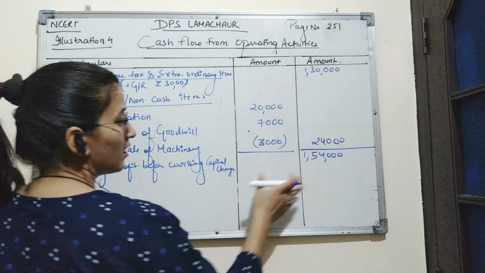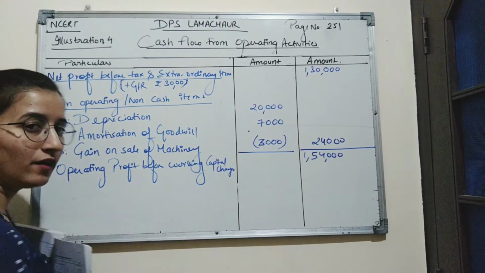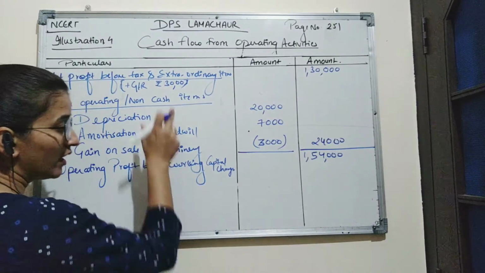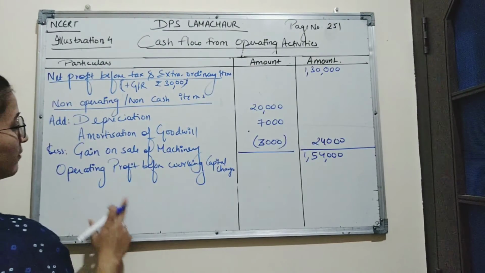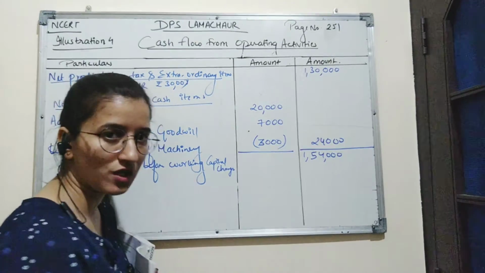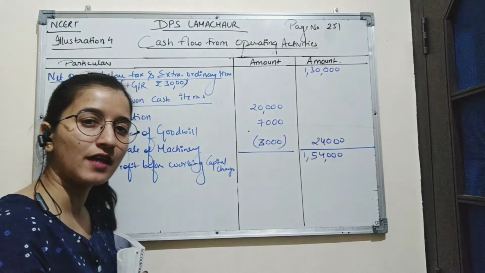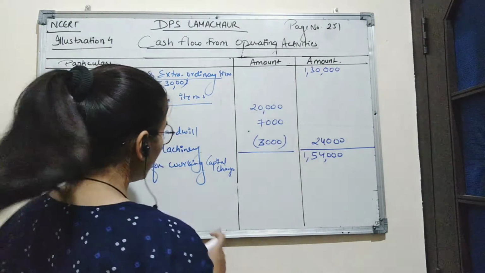So, by adding non-operating expenses and deducting non-operating income to the net profit before tax and extraordinary item, the amount we get will be known as operating profit before working capital changes. Formula for calculating operating profit is net profit before tax plus non-operating expenses minus non-operating income.